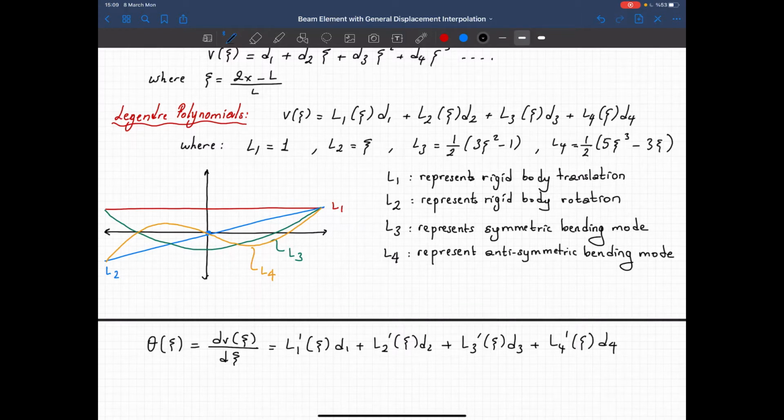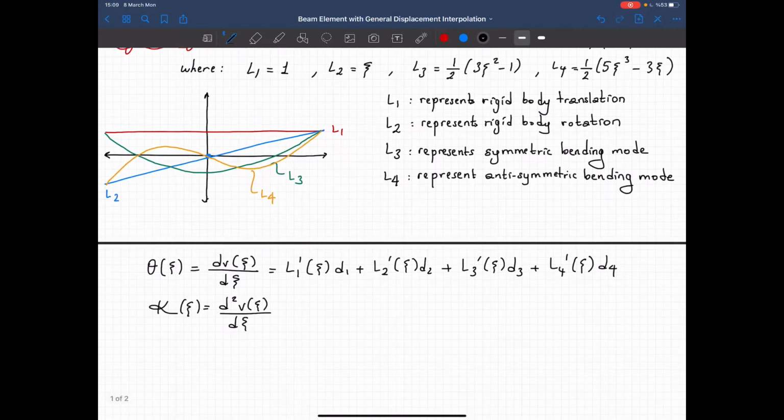And I can write the curvature in the following way, right? The curvature will be the second derivative of the displacement interpolation, and I will just show it this way.